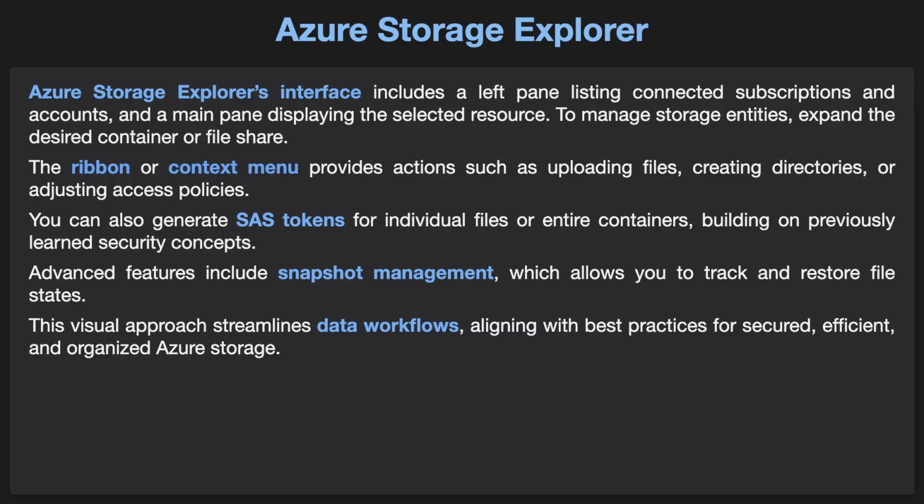You can also generate SAS tokens for individual files or entire containers, building on previously learned security concepts. Advanced features include snapshot management, which allows you to track and restore file states. This visual approach streamlines data workflows, aligning with best practices for secured, efficient, and organized Azure storage.